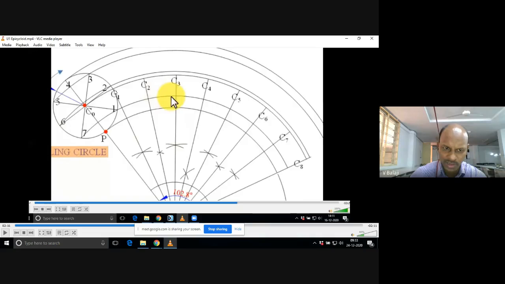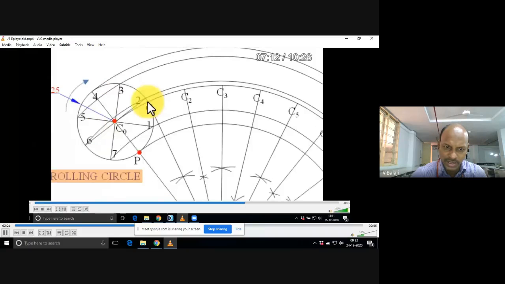Now start from C1. Cut the first arc, I can say arc 1 7. From C1 as center, with compass radius 25, cut the arc 1 7 somewhere here. C1, C2, all the centers are on the center arc.